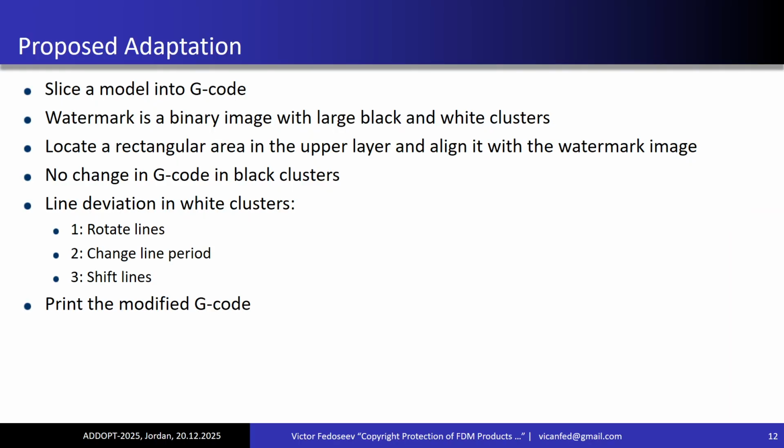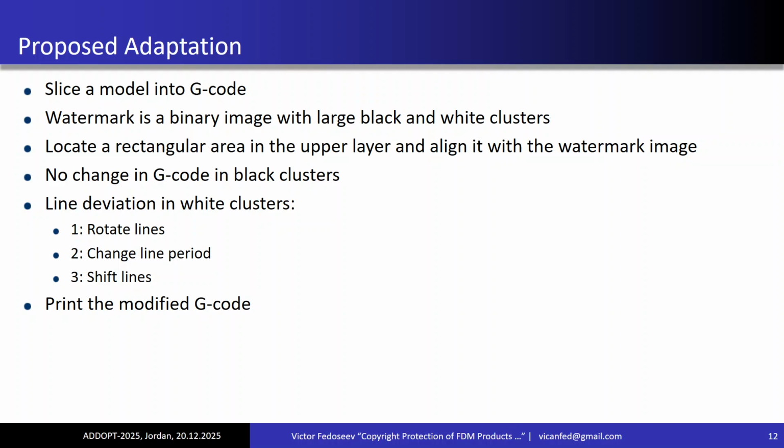In our adaptation, we slice a model into G-code, and in this technique, our watermark is a binary image with large black and white clusters. Then we locate a rectangular area in the upper layer and align it with the watermark image.